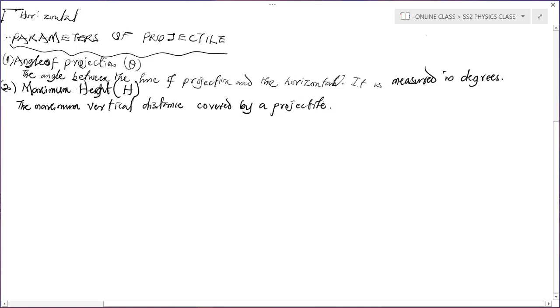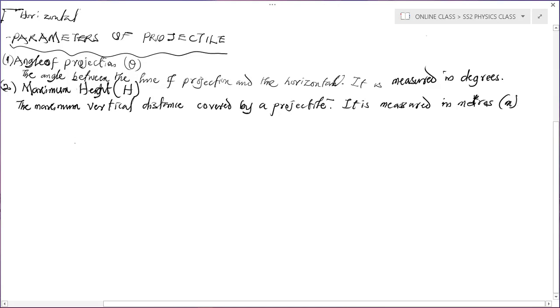It is measured in meters. That is M. Number 3 here.